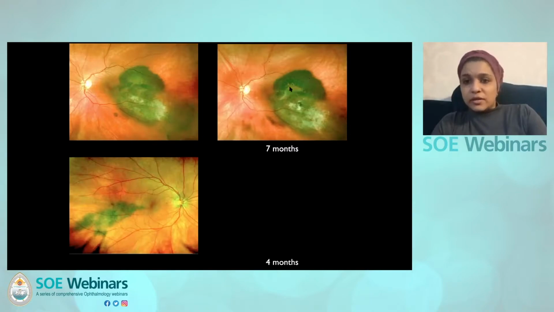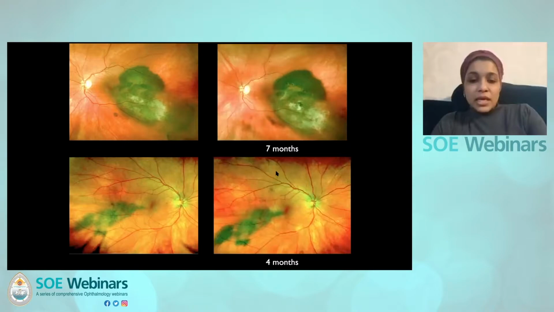This is getting thicker. There is more obvious orange pigment, and this is definitely a melanoma. Even in the one below, if you don't have a photo, it would be very, very difficult to spot that this area is getting bigger and thicker. And again, this is a melanoma as well, because it is progressing.